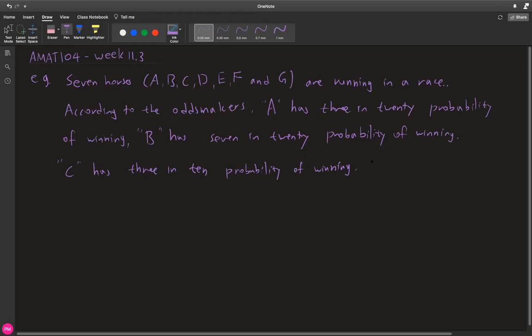And lastly, the remaining horses all have the same probability of winning.